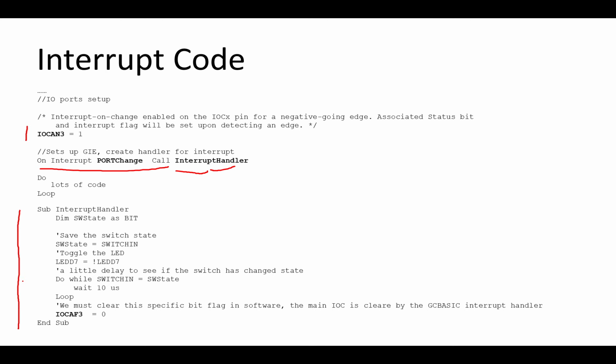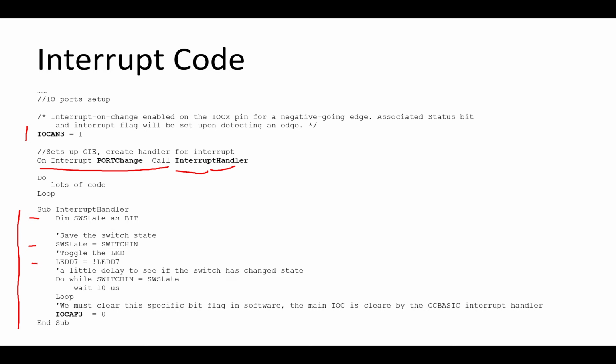So this will run all the time. Every time there's an interrupt on the port change, it will come into here. Pretty cool. And I've just written a quick program. I said define a bit, save the switch state because I'm actually going to use the switch to detect it.